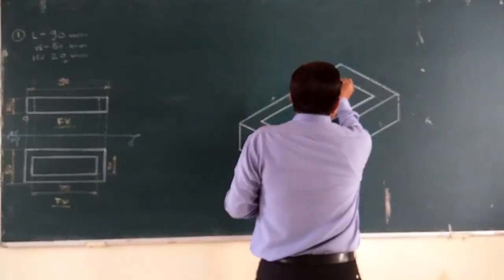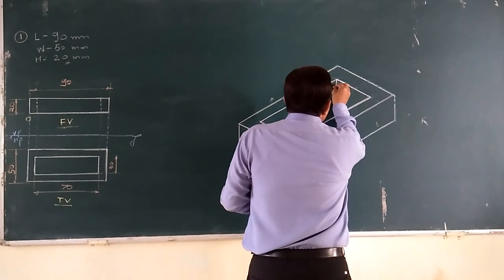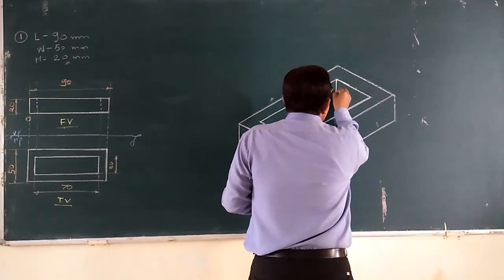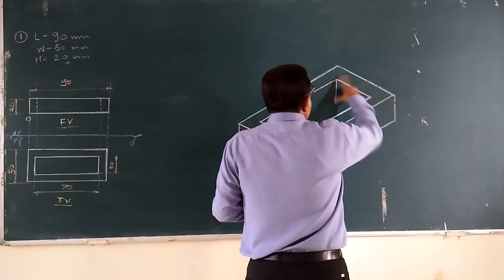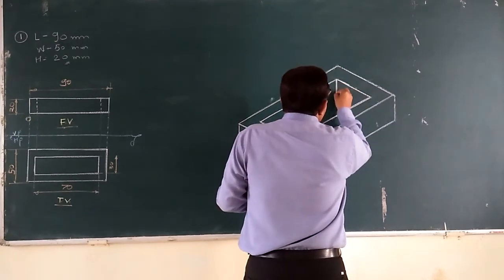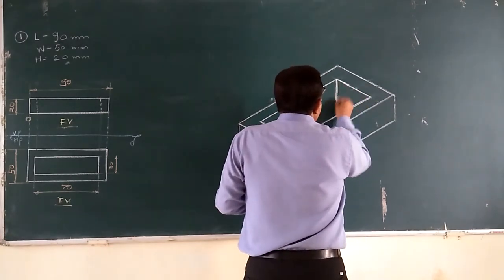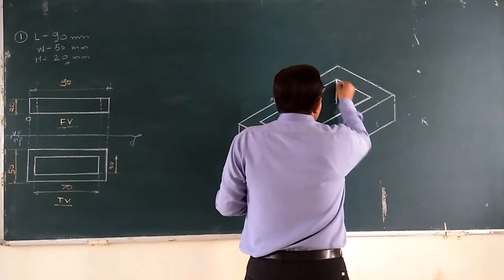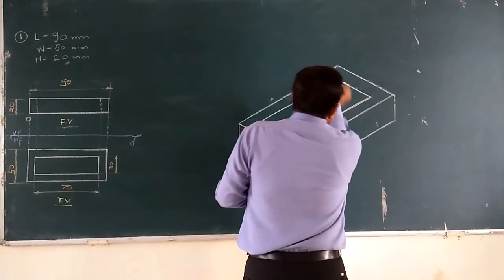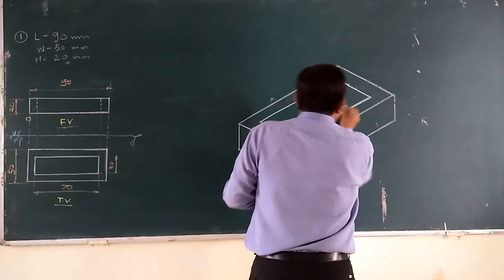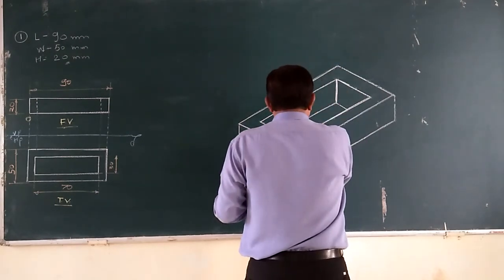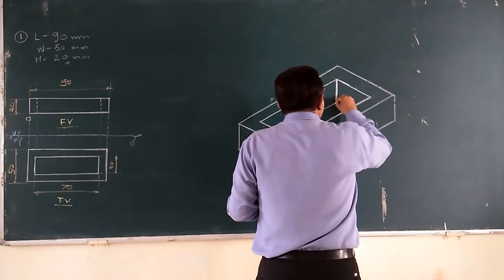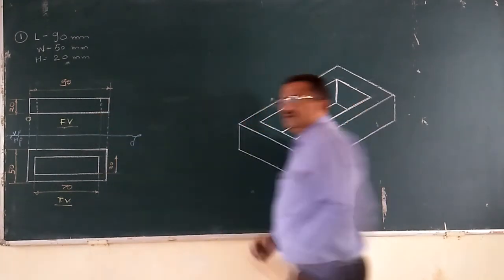Okay, so only one corner, this corner, is visible to the observer. That's why the depth will be the same, 20 mm. With the same depth, we can construct a vertical edge here, a vertical corner here, and parallel to left 30 and parallel to right 30, we can construct here. This is nothing but the exact solution of this question.